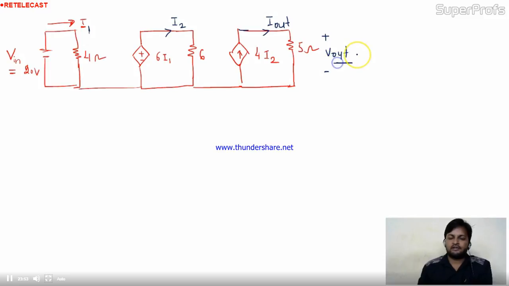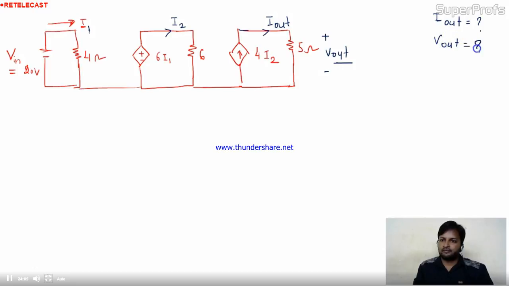The question asks us to find the output current and output voltage. Our task is to find I out and V out. Friends, we will move forward step by step.